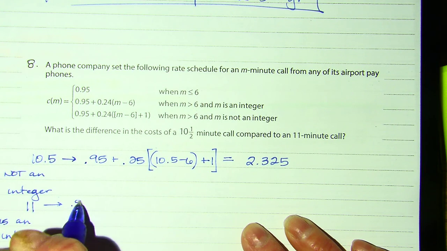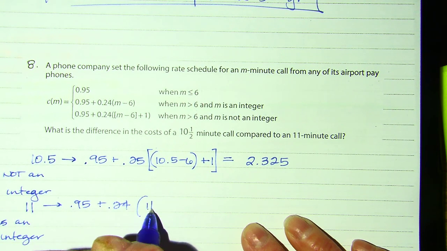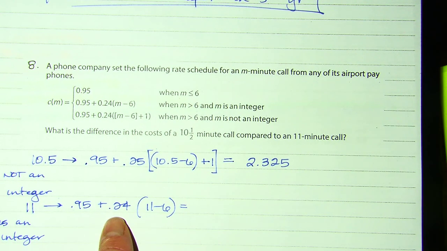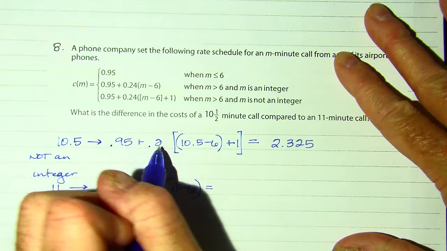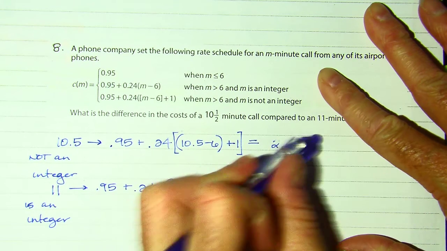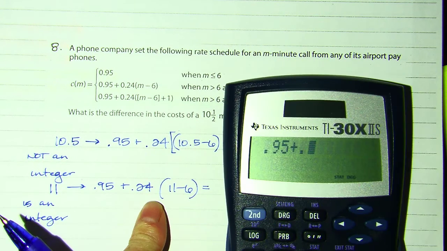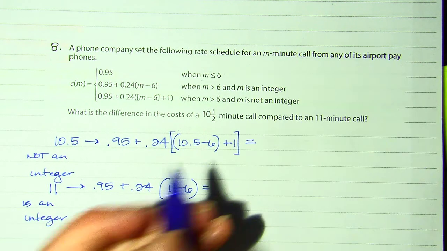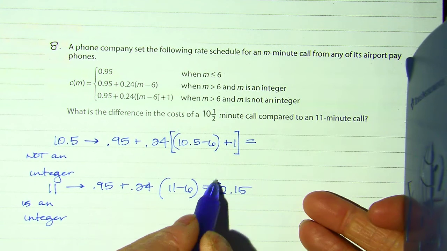So this is 0.95 plus 0.24 times 11 minus 6. So 0.95 plus, this should have been, sorry. Man, I am just making mistakes. I'll redo the next one after this one. 0.24 parentheses 11 minus 6. This gives me $2.15.